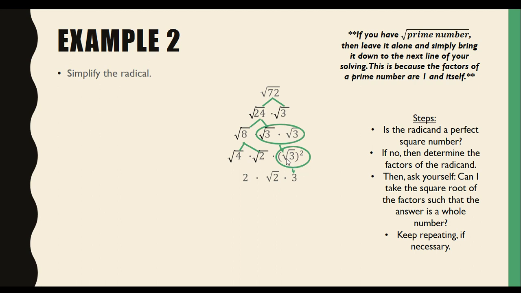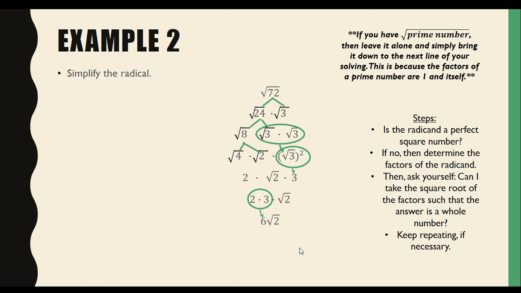And then the square root and squaring a number are inverses, so that just results in 3. The next thing I'm going to do is switch around my terms, using the commutative property. And 2 times 3 is 6. So 6 square root of 2 is your final answer.